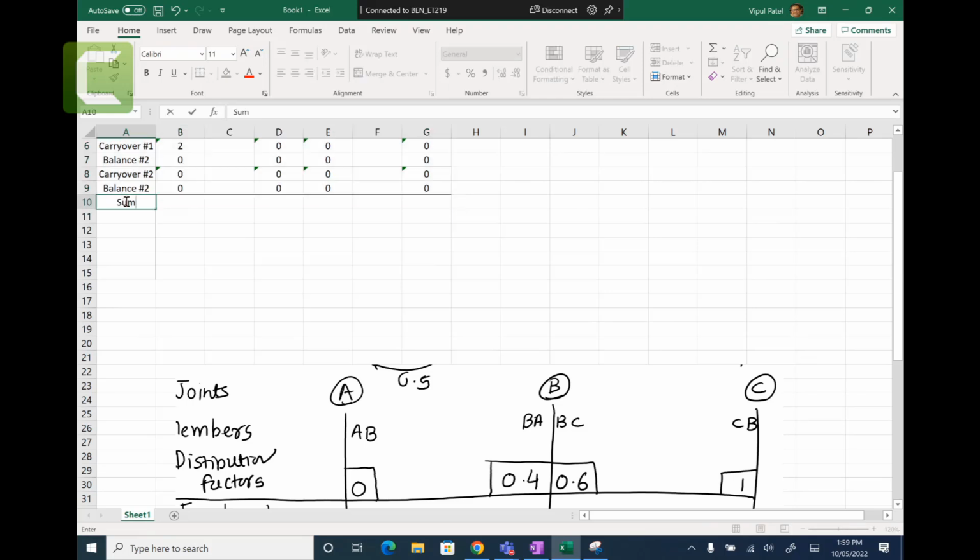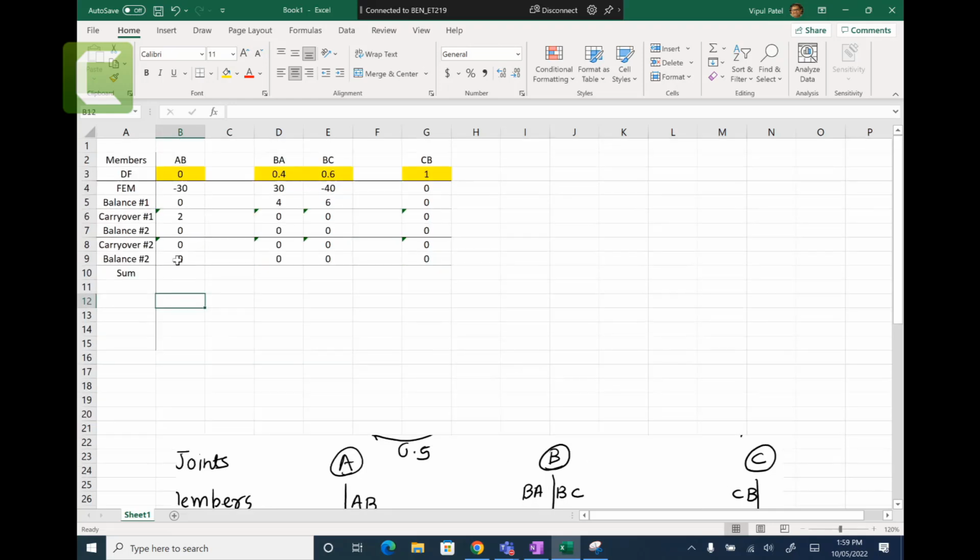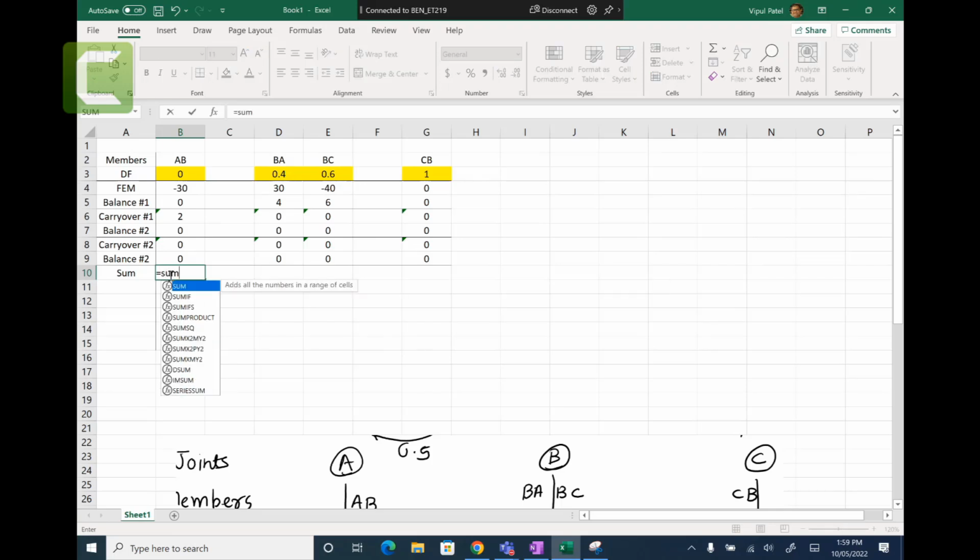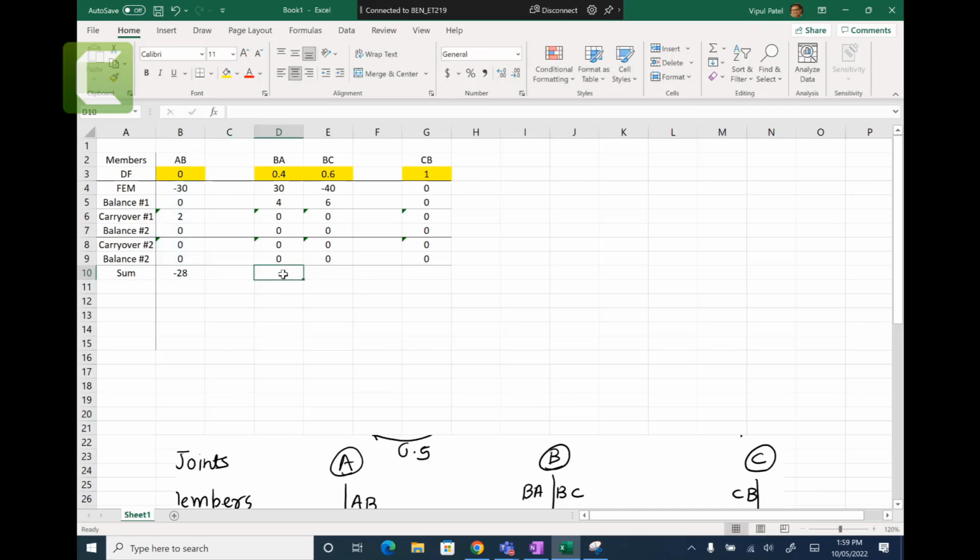And then we sum all the moments. How do we sum? Equal to sum, bracket, select all the ones from here to here, enter. Equal to sum the moments, here 34.